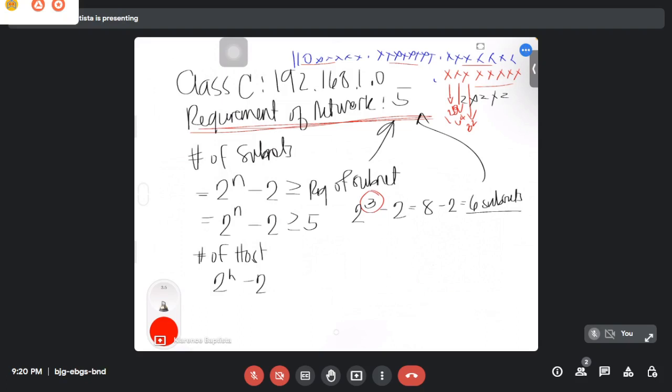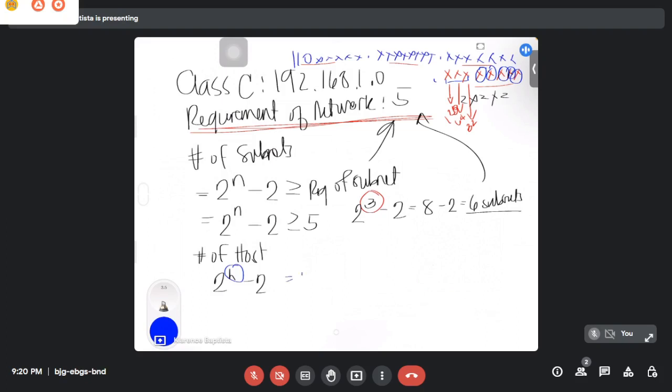Okay? Ngayon, si 2 raised to h, ito po, number of hosts na tayo, si h, kukunin natin yung remaining bits. Since ginawa natin yung 3 sa subnet, ilan na lang yung natitira? So we have 1, 2, 3, 4, 5. So 2 raised to 5 na ngayon.